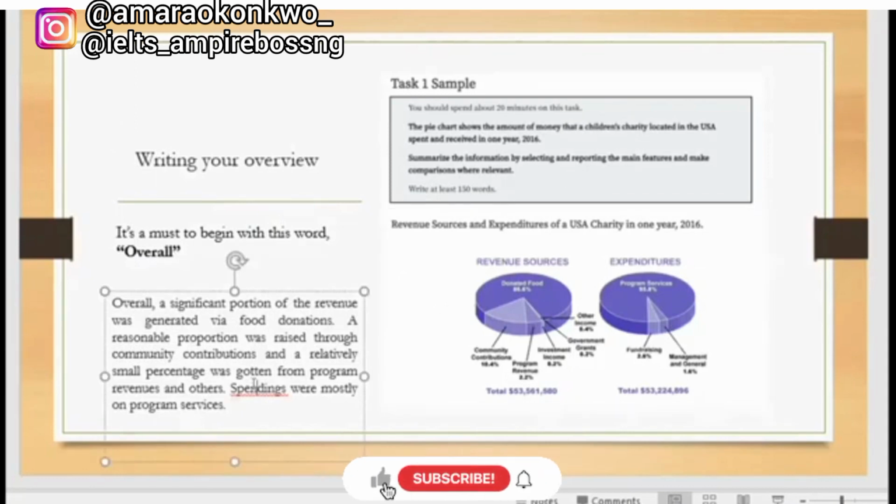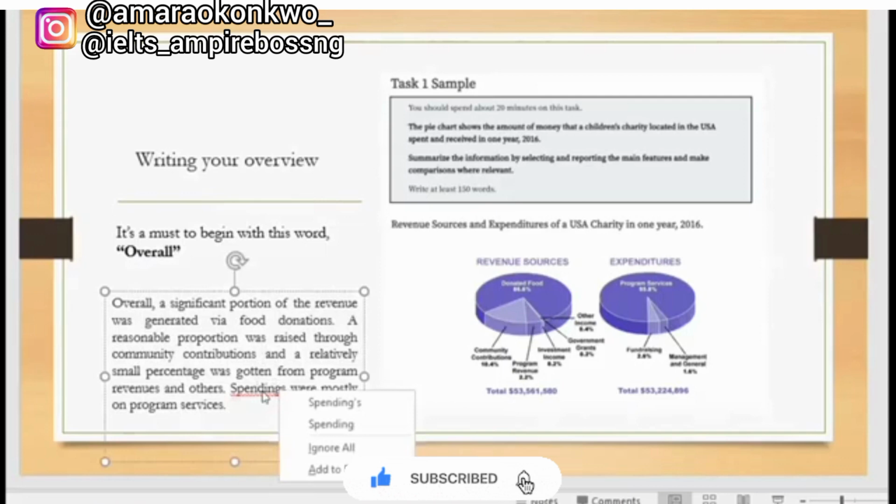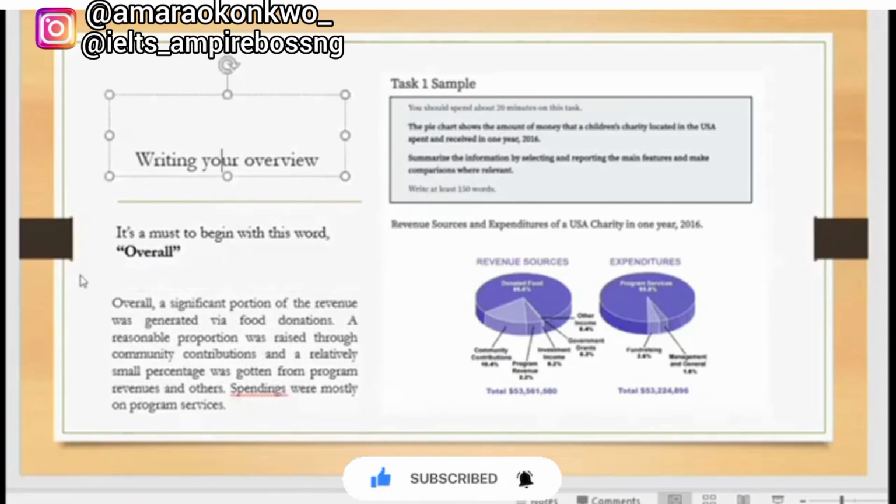I know grammatically speaking, this word spendings doesn't look correct, but in terms of economics or statistics, it is a word that can be used. So I'm going to leave it like that. But if you choose not to use it, that's fine. You can decide to use expenses or amounts spent.